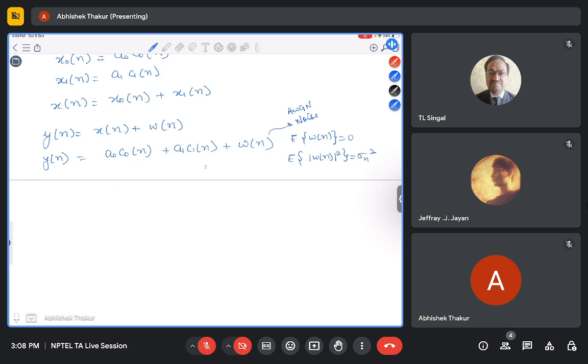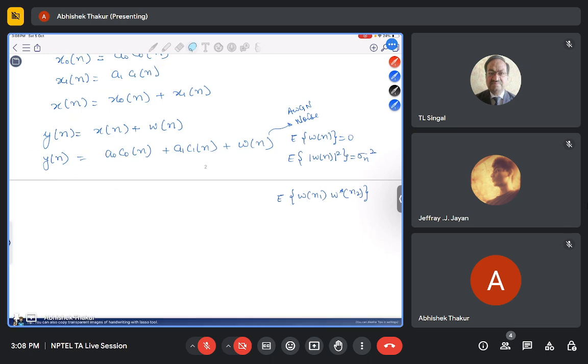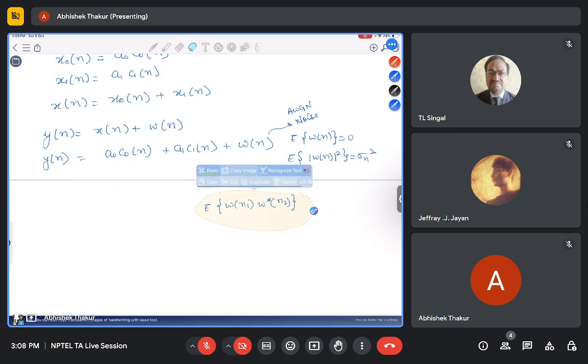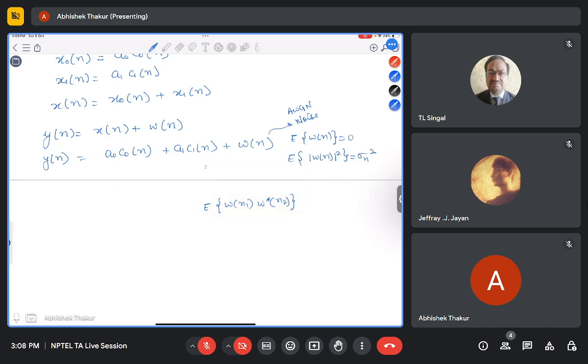So we can also write the expectation of w[n1] times the conjugate of w[n2]. This value will be 0 if n1 is not equal to n2, and if n1 is equal to n2, this will be sigma squared.